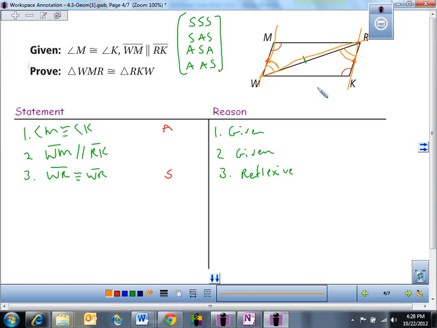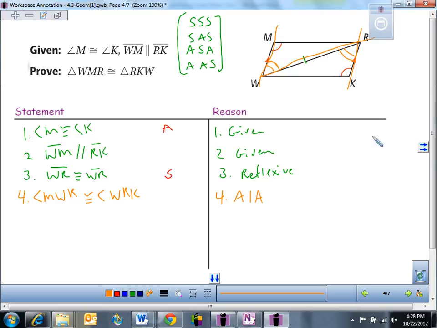What kind of angles are those? Angle MWR is congruent to angle WRK. So what did you guys say they were? Alternate interior angles. So because the lines are parallel, then the alternate interior angles have to be equal.